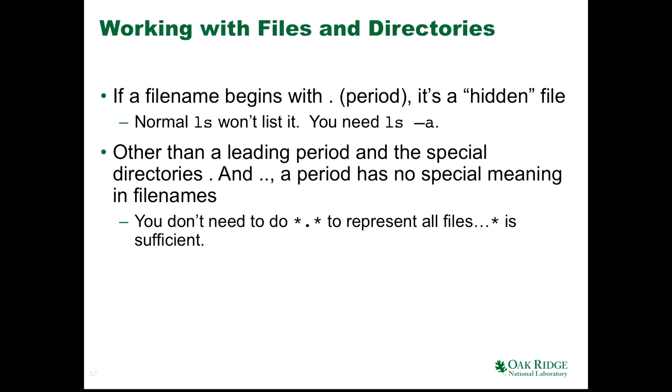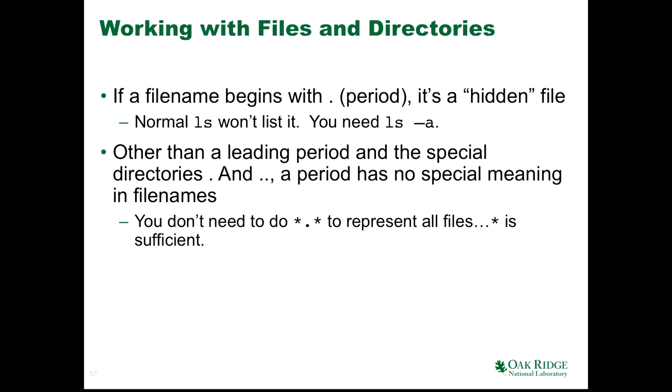Personally, I work in technical support and have for quite some time on Linux-based systems. And sometimes you'll see a user, especially if they used DOS many, many years ago, where we had file names that were 8 characters and then a period and then some 3-character extension. If they want to list all of their files or remove all of their files, you might see them do star dot star.